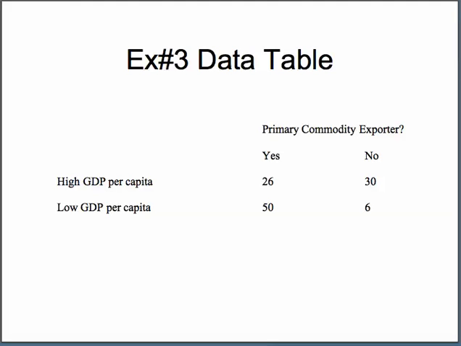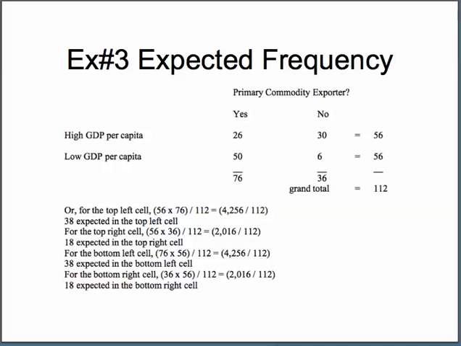We need to calculate expected frequency. For cell 1, 56 times 76 divided by 112 equals 4,256 divided by 112, 38 expected in the top left cell. For cell 2, 56 times 36 divided by 112 is 2,016 divided by 112, or 18 in the top right cell expected.